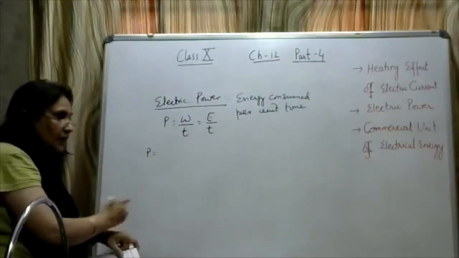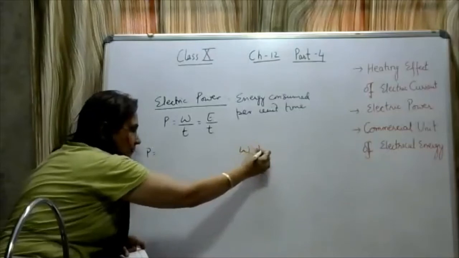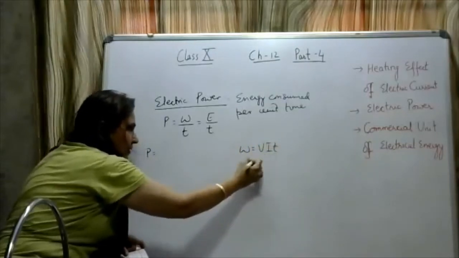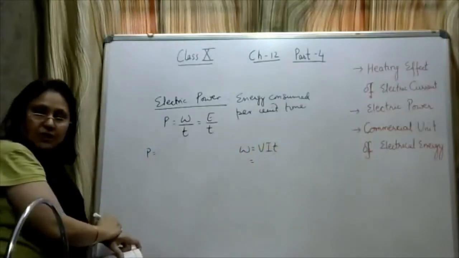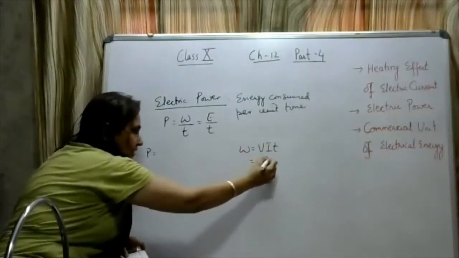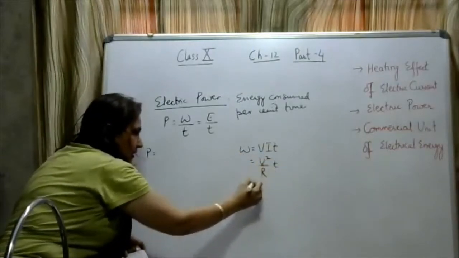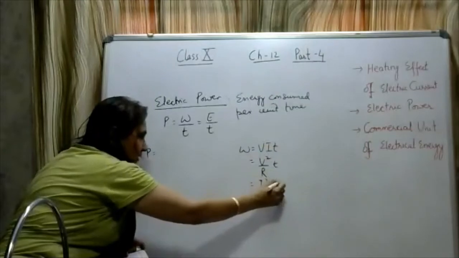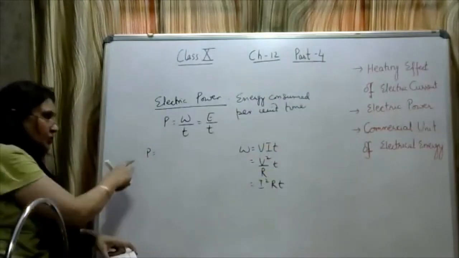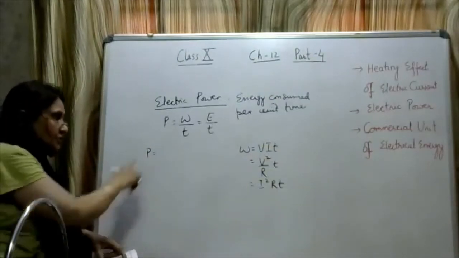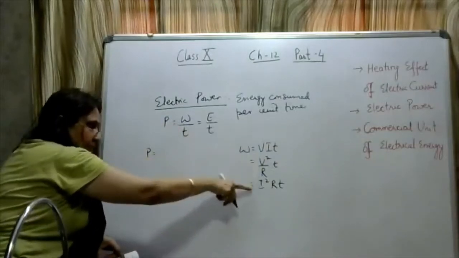We have just now found the expression for the electrical work done. The electrical work done is given by V into I into T, which is also equal to V square upon R into T, which is also equal to I square into R into T. So here we'll get the various expressions of the electrical power by substituting this.